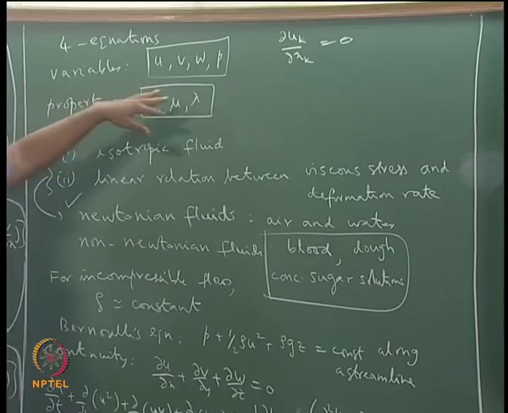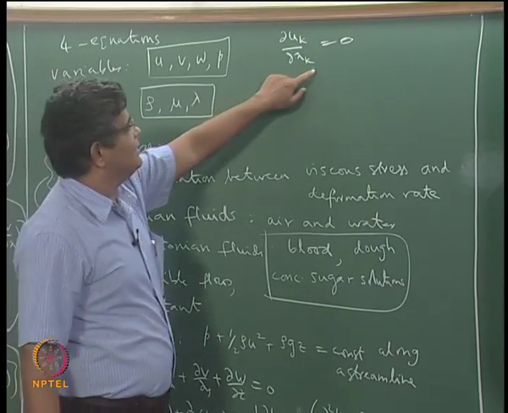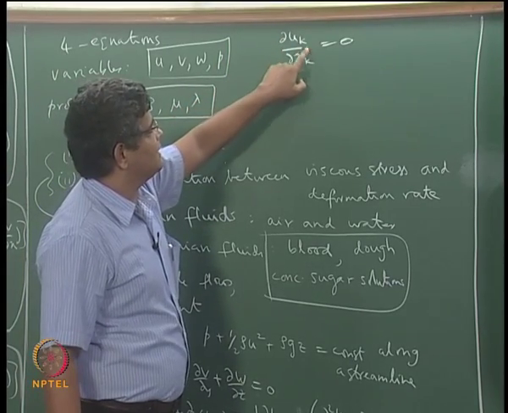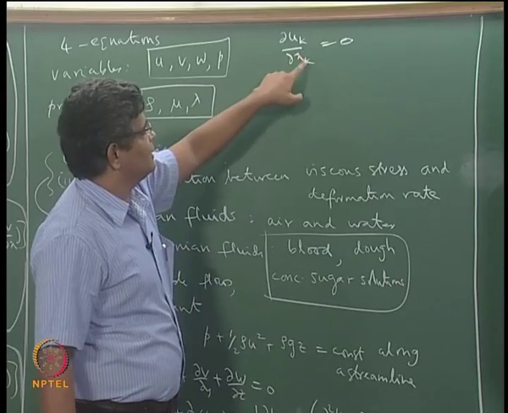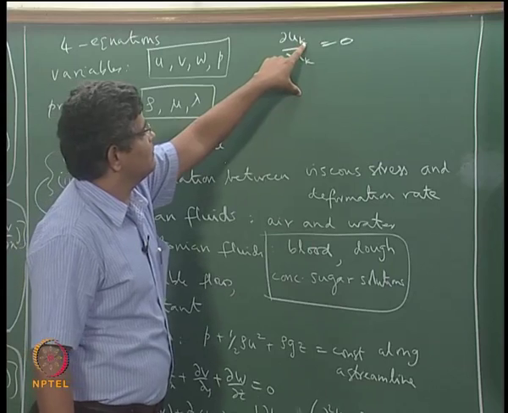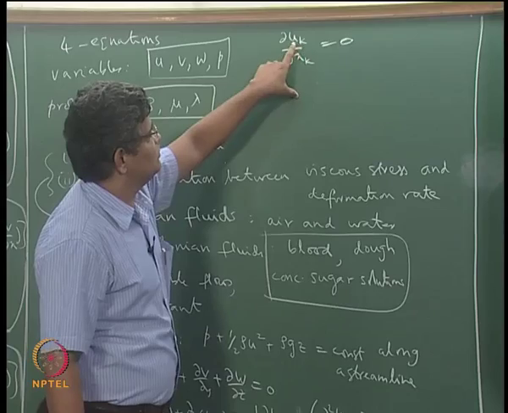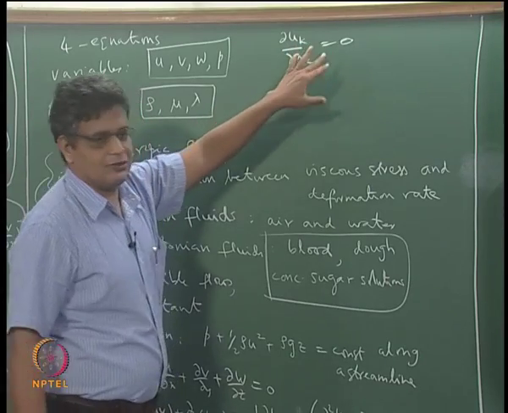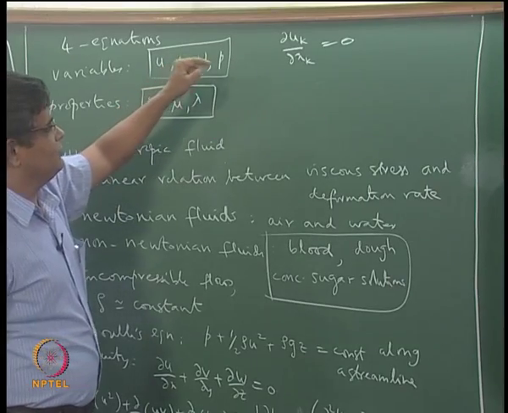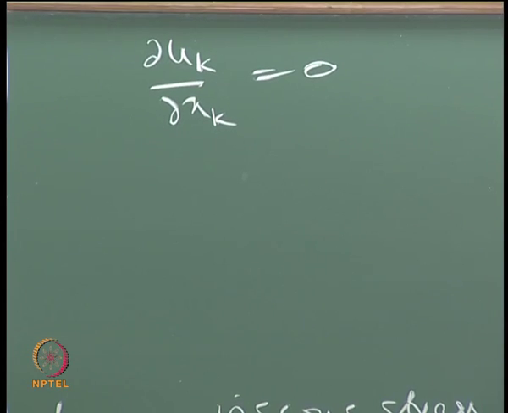Here we are following Einstein's convention that in a term, if you have a repeated index like k, then that implies summation over all three values of k. Here k equal to 1 means dou u1 by dou x1, k equal to 2 is dou u2 by dou x2, plus dou u3 by dou x3 equal to 0, and we know that u1 is u and x1 is x, u2 is v and x2 is y, and u3 is w and x3 is z.